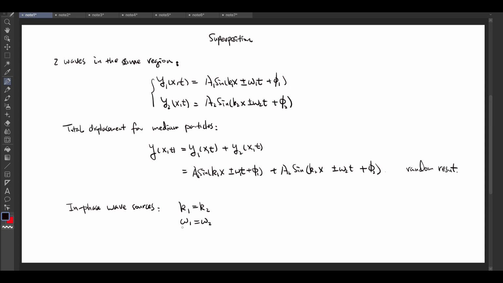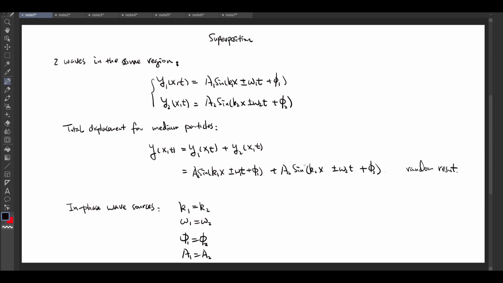We also set the initial phases the same for both of them. And then, of course, we also want to use the same amplitude for the two waves so that we can either completely cancel the two waves if they oscillate in opposite directions, or add up the two waves' oscillations if they point in the same direction.